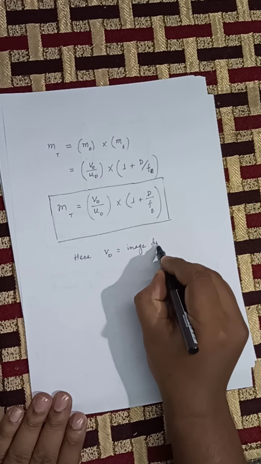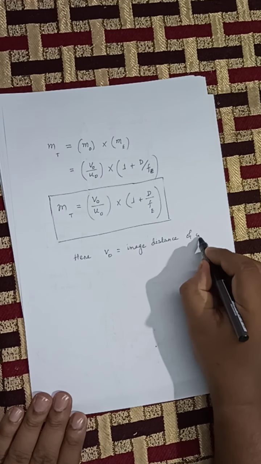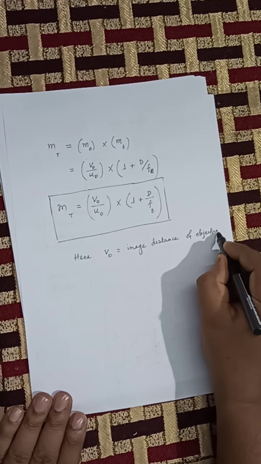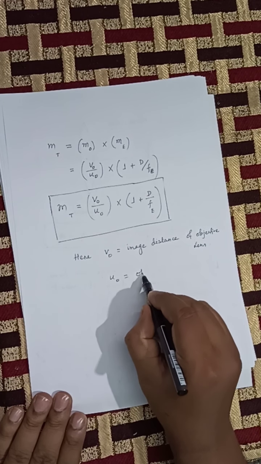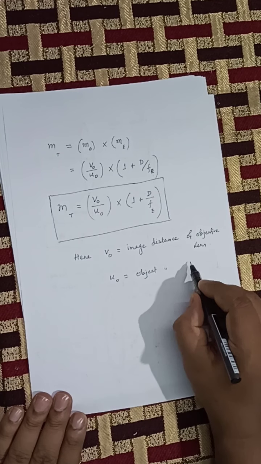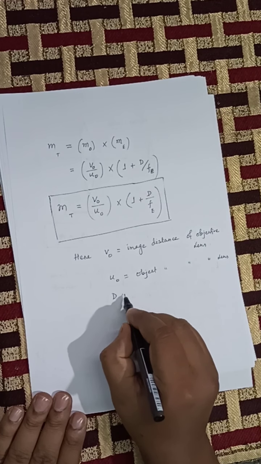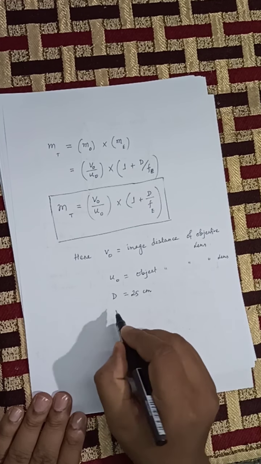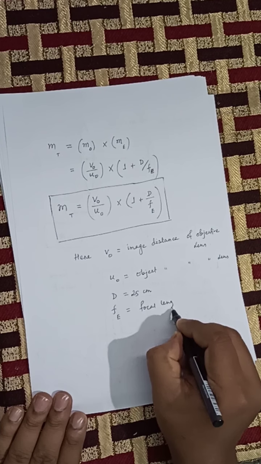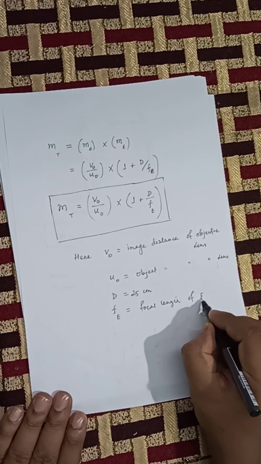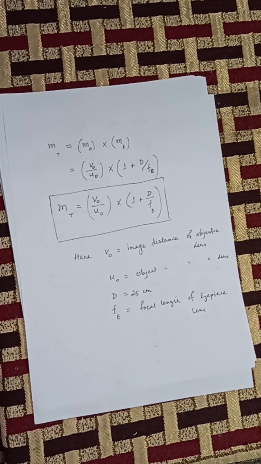This is image distance of objective lens, okay, u naught object distance of objective lens, okay, and d, this we already got 25 centimeter, f e focal length of eyepiece lens, okay.